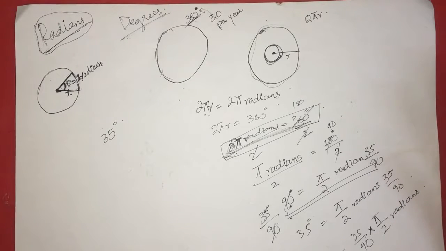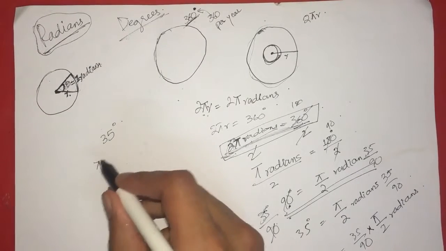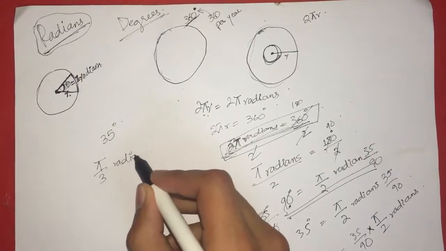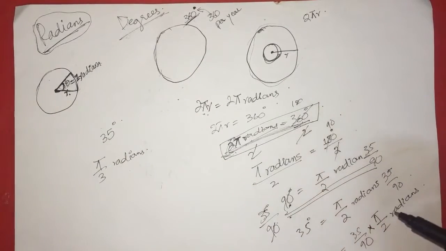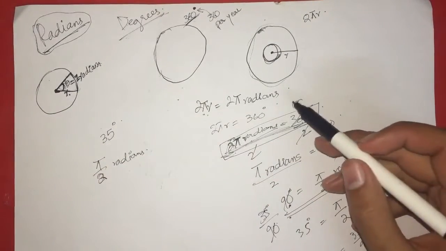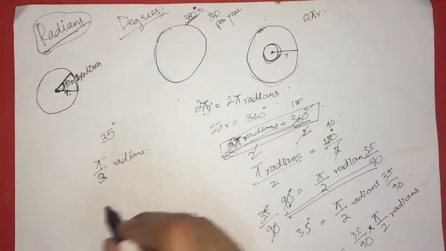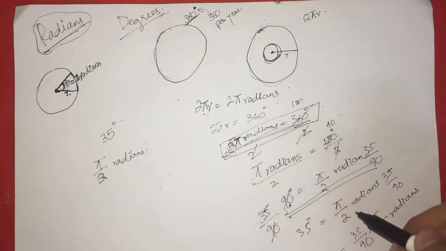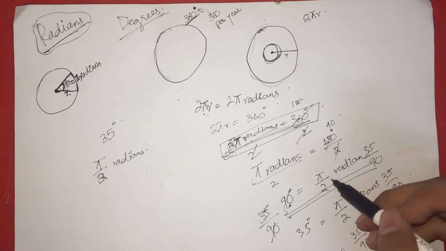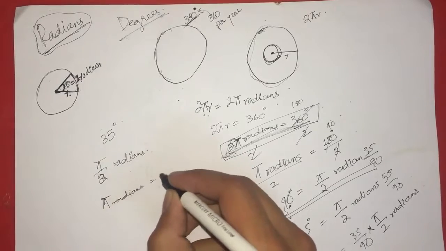The same applies to radians. For example, if I have pi by 2 radians and want to convert it into degrees, we have the formula pi radians equals 180 degrees.